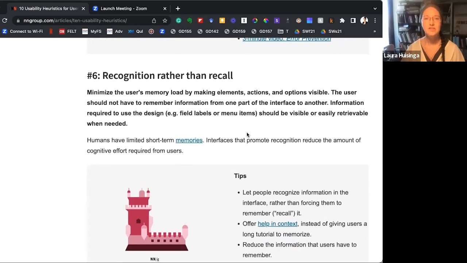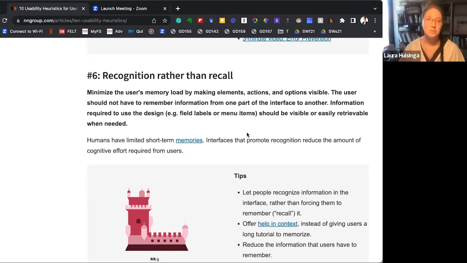Recognition rather than recall. You want to minimize the user's memory load by making elements, actions, and options visible. The user should not have to remember information from one part of the interface to another. Information required to use the design, for example field labels or menu items, should be visible or easily retrievable when needed.